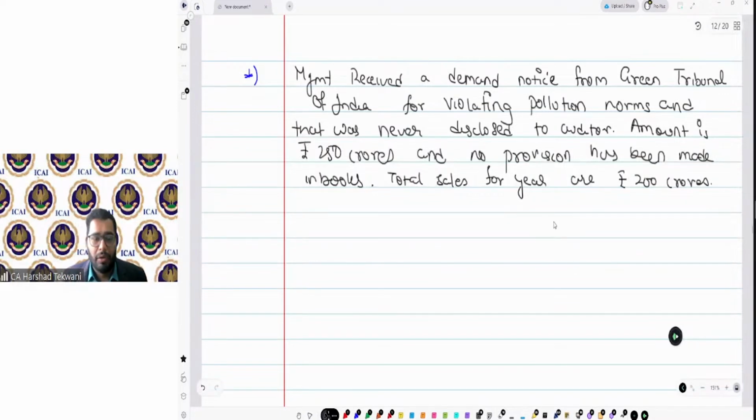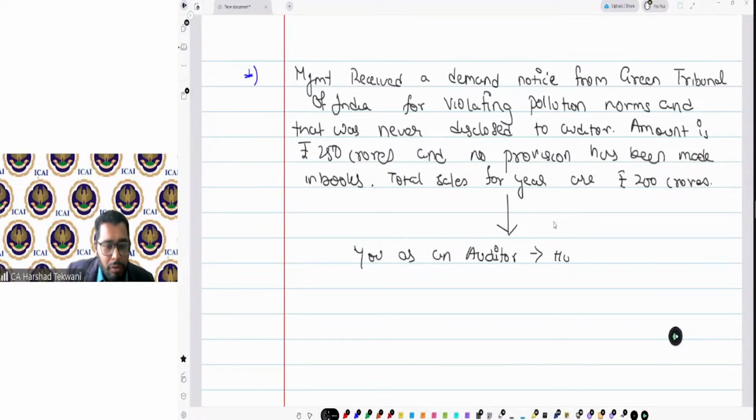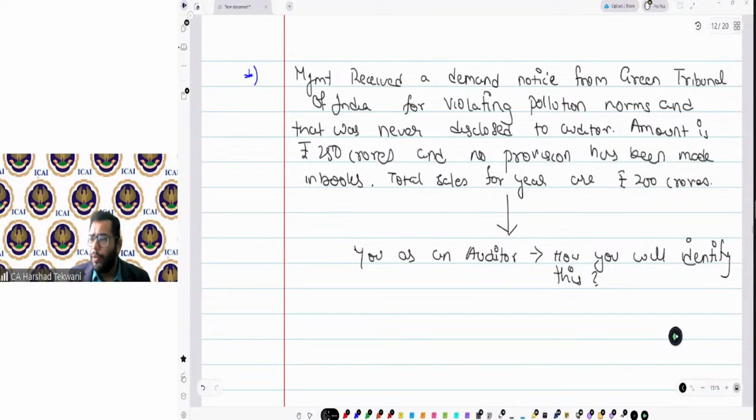If this is the scenario, as an auditor, how will you identify this? Management never told you that there is any such demand. How will you identify this?